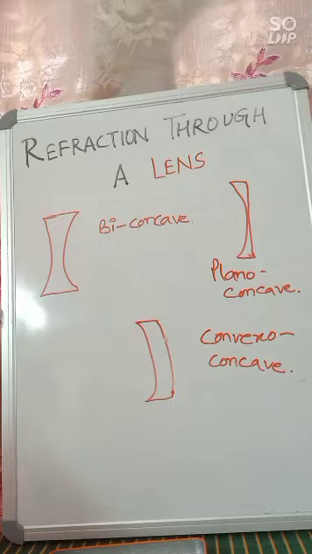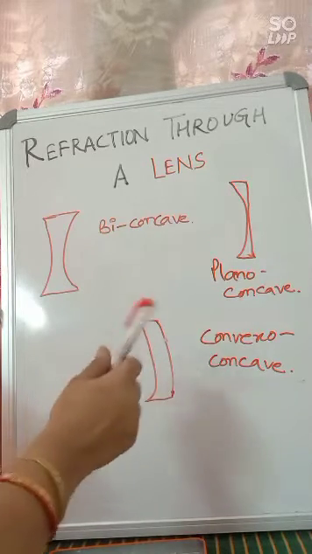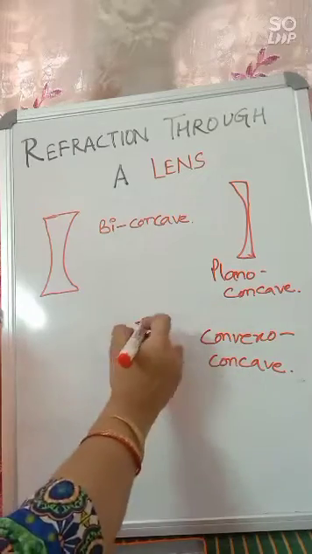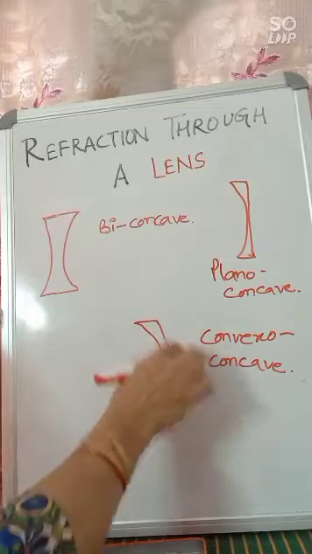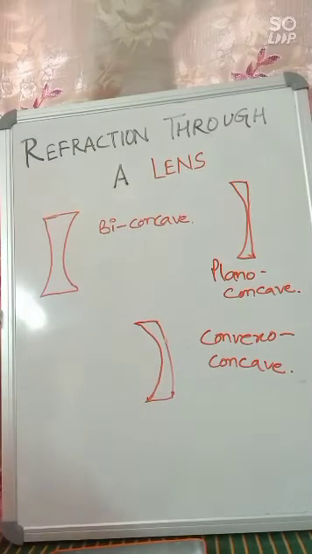A concavo-convex lens is thicker in the middle and has a converging action on a light beam, while a convexo-concave lens is thinner in the center and thick at the ends. Fine. So that's why it has a diverging action, right?